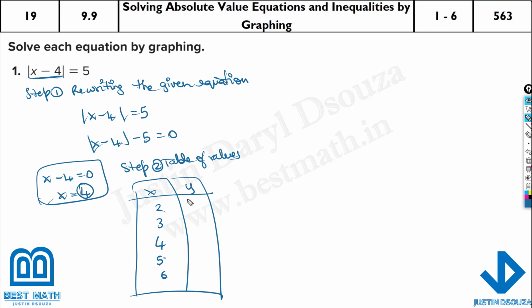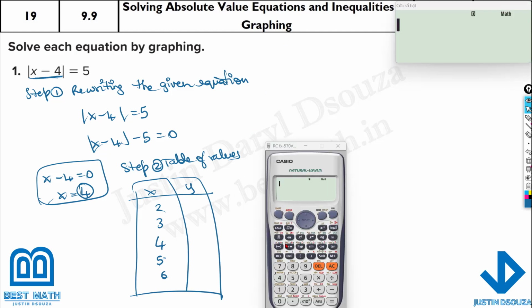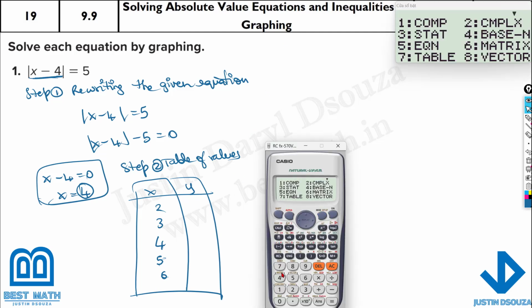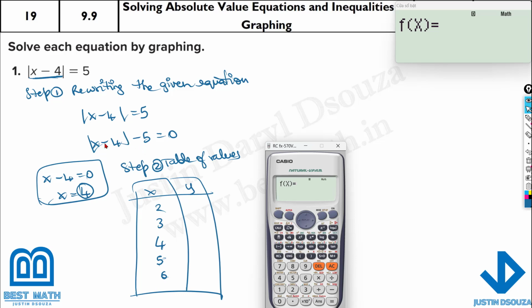We don't need to solve it manually for each of these. We'll use the calculator and get these values. So what we do is Mode 7 gives you table. Type this in, whatever is f of x, basically equal to 0 over here. And now what is the absolute value? How do you get that absolute value? Shift and hyp gives you abs.